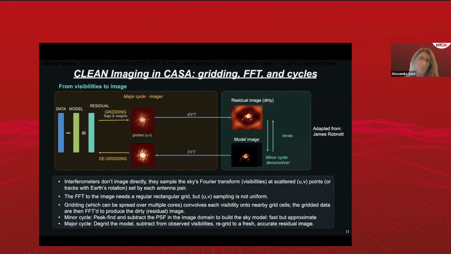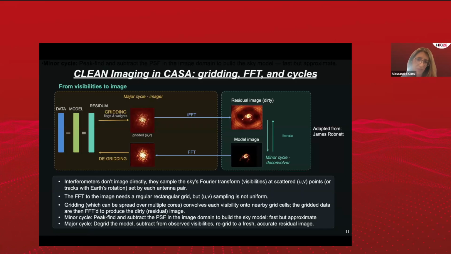But the big challenge I have every day when I'm trying to reduce these data sets is that in general, these are demanding in terms of the processing that needs to happen to go from the raw data to the images. And so the key point is that for radio interferometers, we don't image directly, but we're sampling the sky's Fourier transform, and so we need to go from visibilities to forming an image.